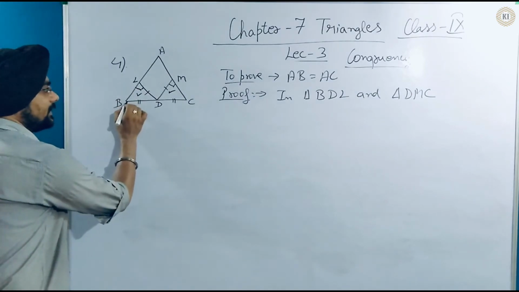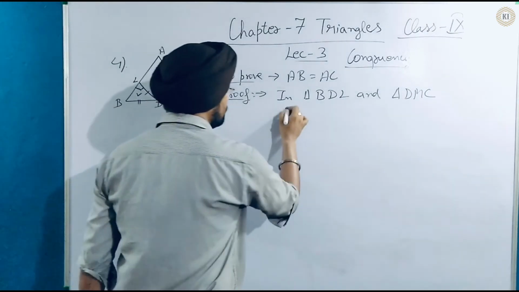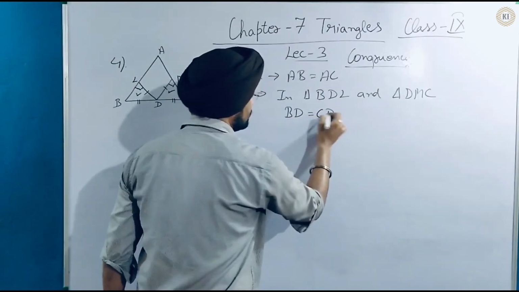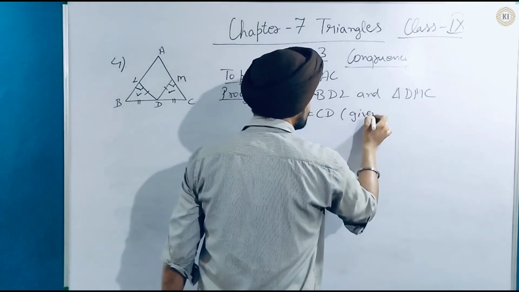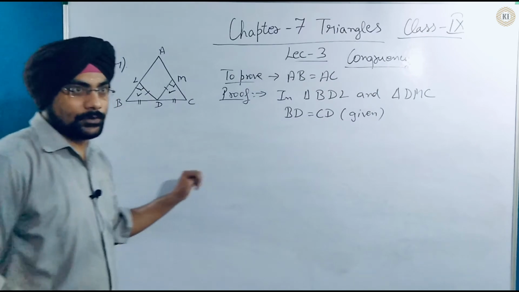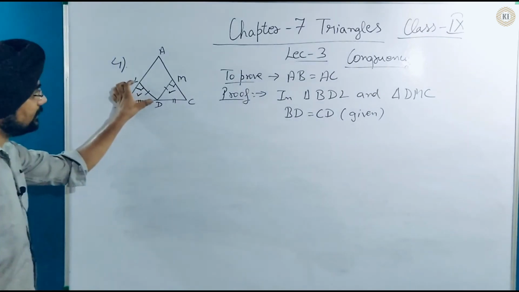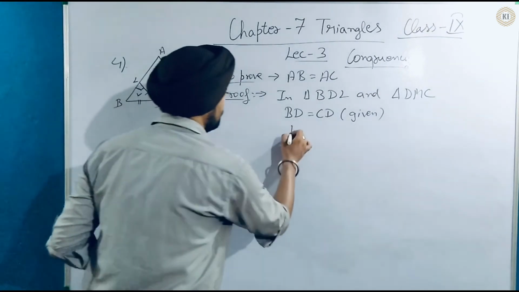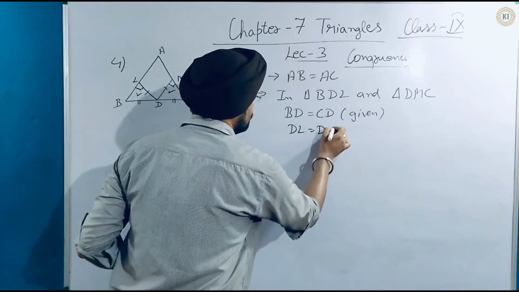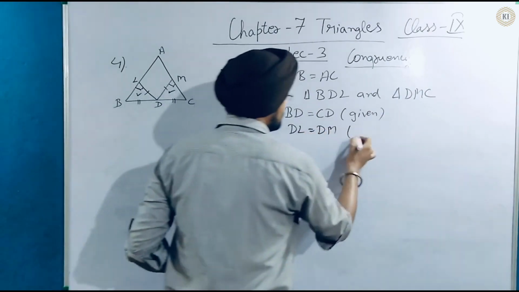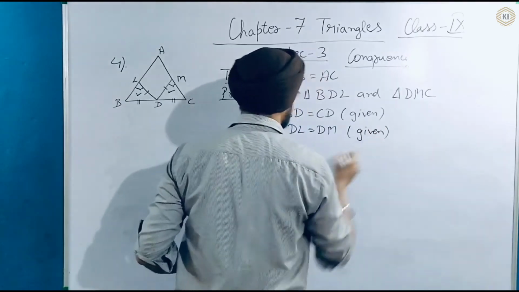First part is already given, BD is equal to CD, that is given in the question, or you can write D is the midpoint. Second part is given, DL is equal to DM, that is also given in the question.